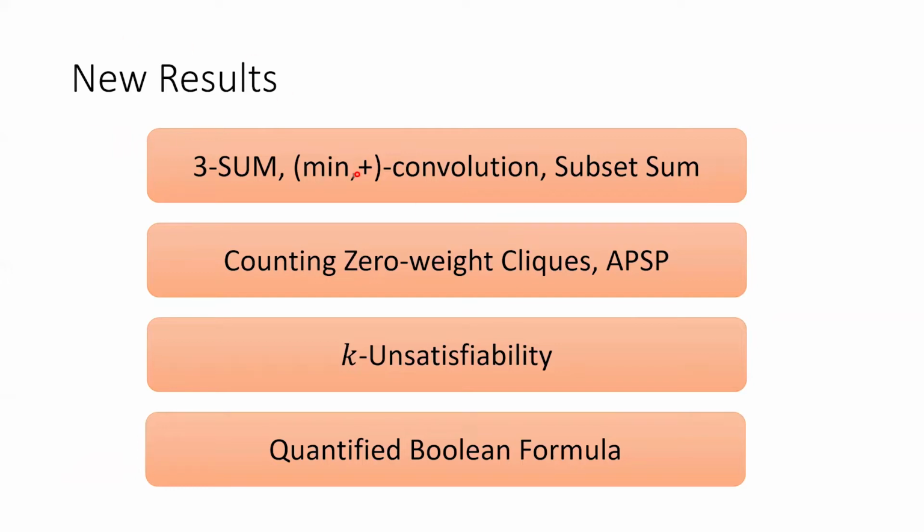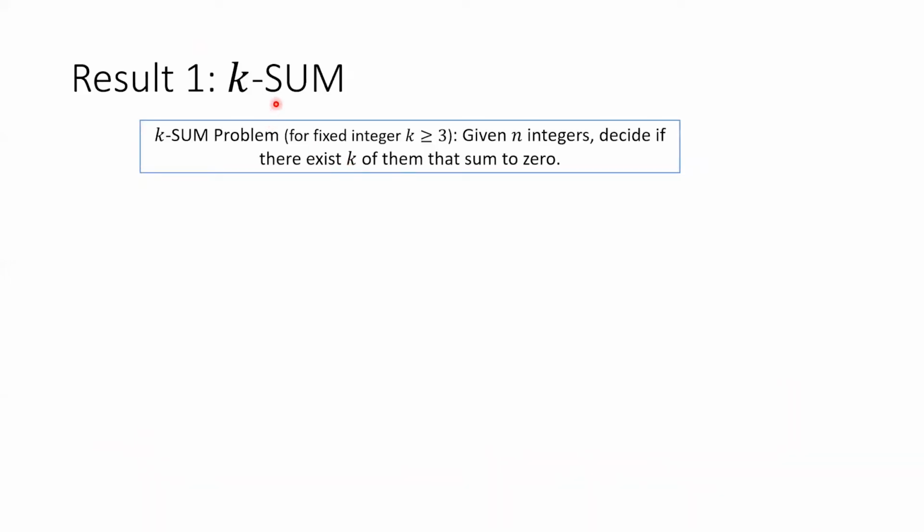Our new results in this paper can be divided into 4 groups. Now let's introduce each of them. Our first set of results is about the k-SUM problem, where we are given n integers and we want to decide if there exist k of them that sum to 0. The best known algorithm for 3SUM runs in roughly quadratic time, and it's conjectured to be optimal.